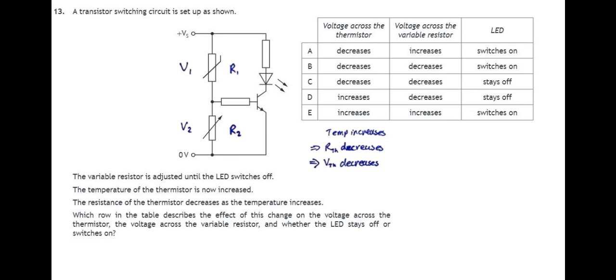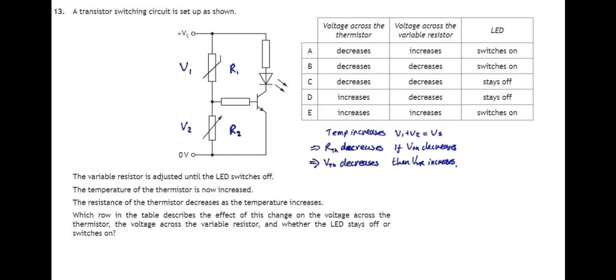Now, what effect does this have on the voltage across the variable resistor? As we said, if this is a potential divider, the supply voltage is split between V1 and V2. If the voltage across the thermistor is decreasing, therefore, then voltage 2, the voltage across the variable resistor, must increase to compensate for that.